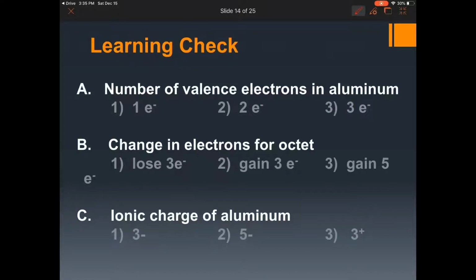So let's do a learning check real quick. How many valence electrons does aluminum have? Looking at its group, the fact that it's in group 13, it typically has a +3 charge, which means that it would lose 3 electrons.